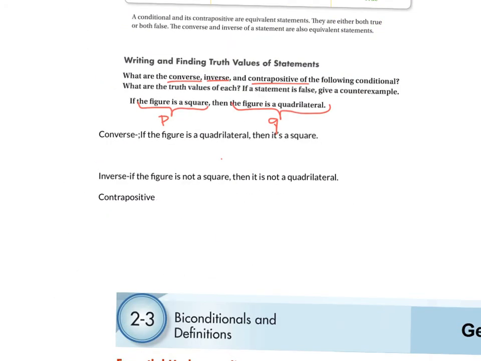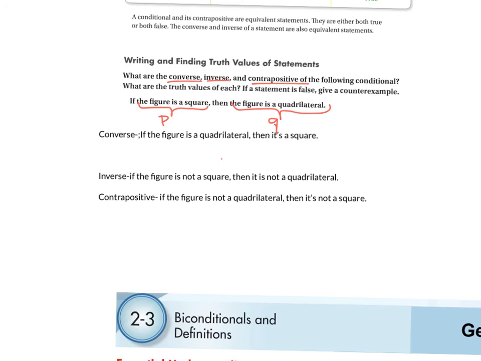So the contrapositive would be, if the figure is not a quadrilateral, comma, then it's not a square. Okay, so we have the converse, inverse, and contrapositive.